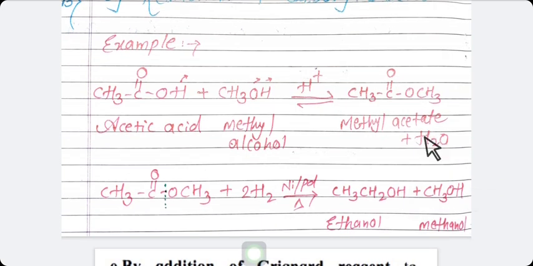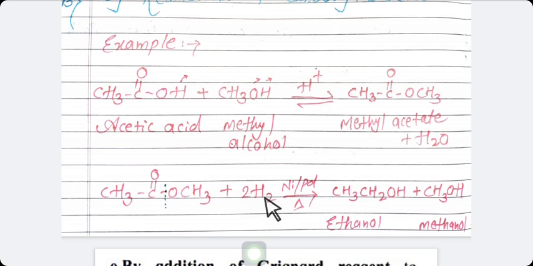This ester molecule undergoes catalytic hydrogenation and forms alcohol. You can divide this into two parts, means CH3C=O one part and CH3O another part. We are taking here 4 hydrogen.